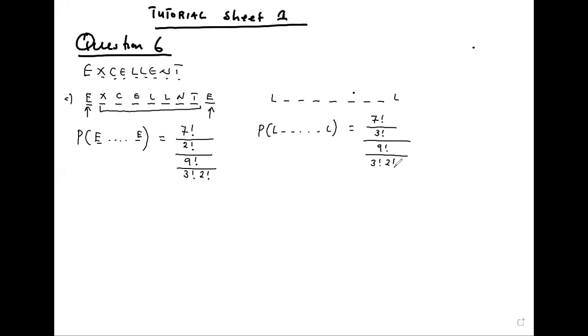For the E's, I can take the reciprocal of the things down there, and solve it in this manner: 3 factorial, 2 factorial over 9 factorial, so that this will go.